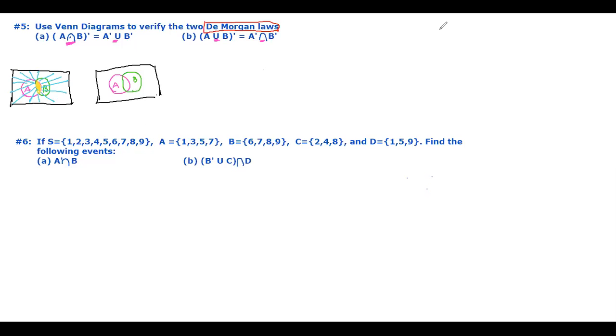The A complement will be everything outside A, so it's here. I color coded that. And what is the B complement? It's everything outside B. So here, this is the B complement.